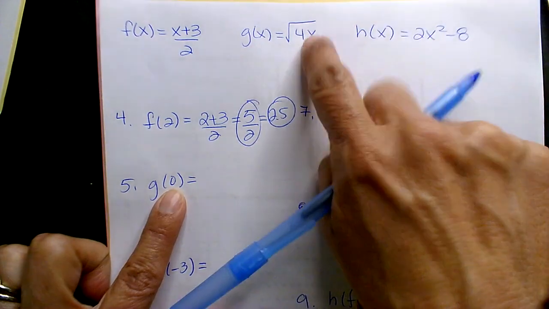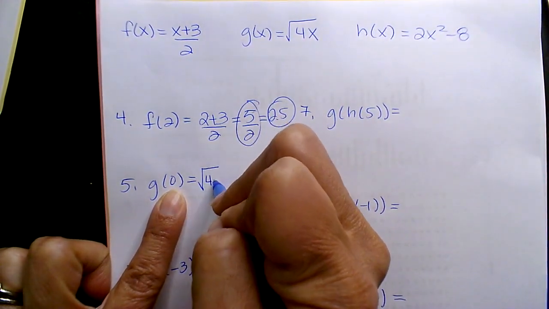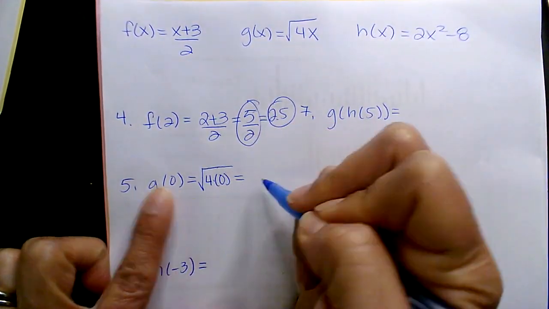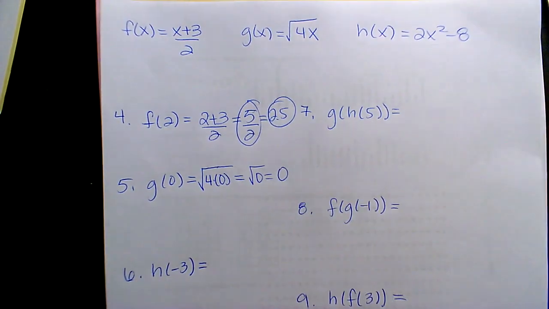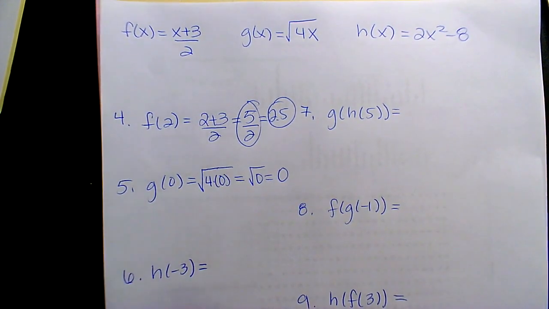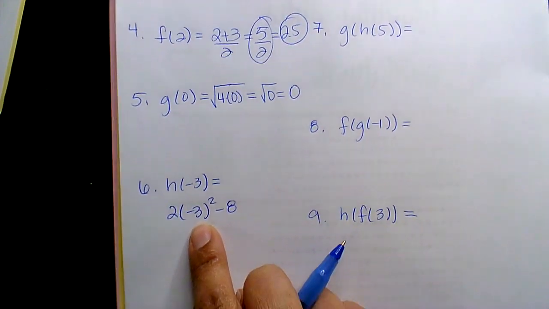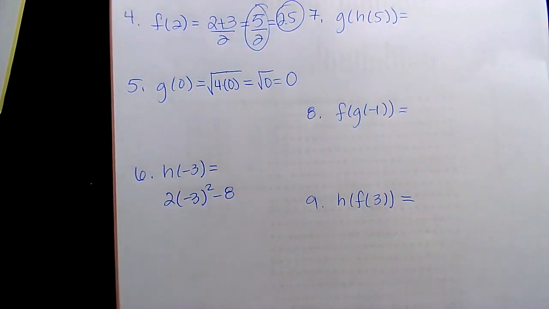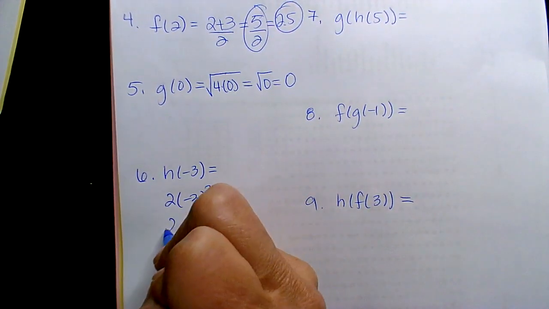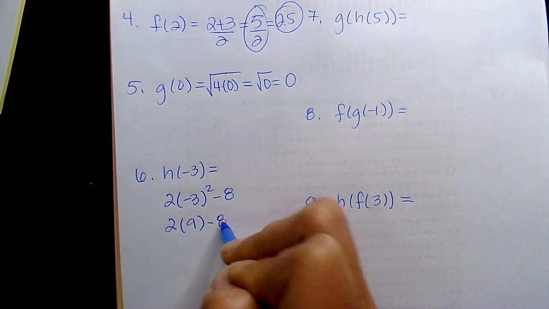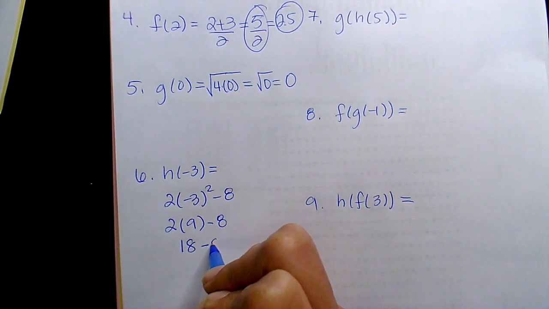All right, g of 0, 4 times 0, that's just 0, right? H of negative 3. You'll get credit if you throw it into its proper position, because if you accidentally mess up the arithmetic, that's okay.